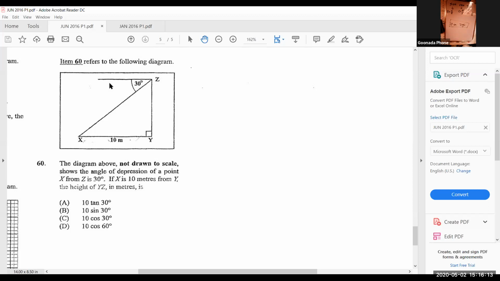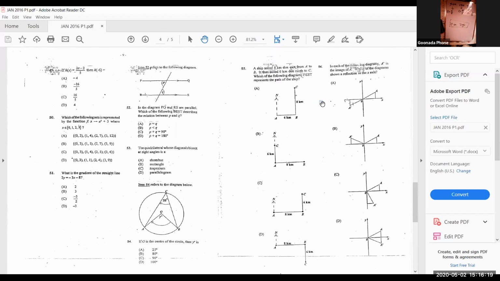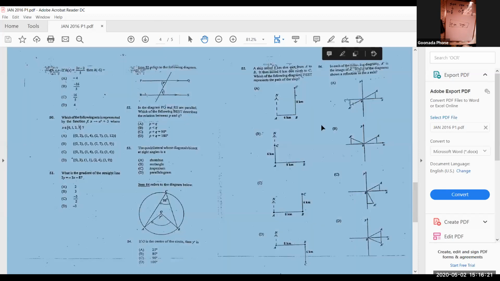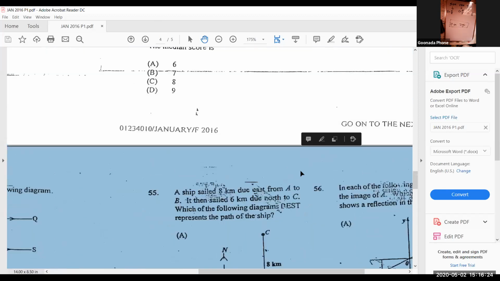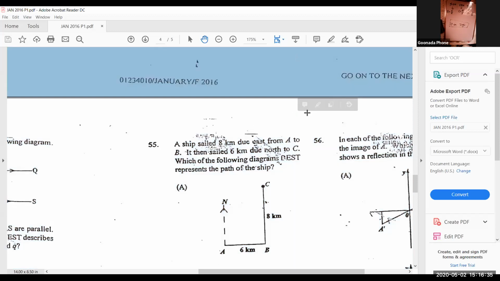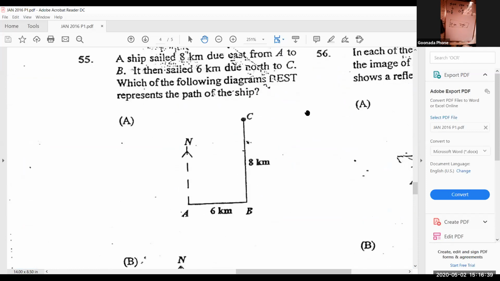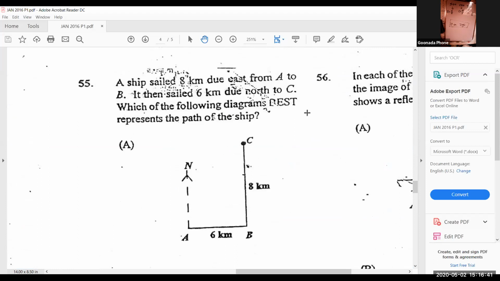And let's look at our final past paper. Let's look at number 55.